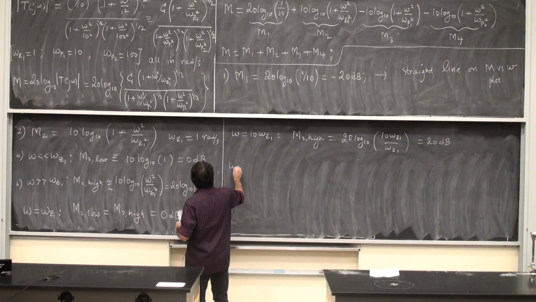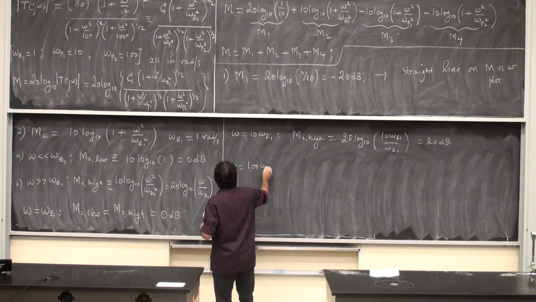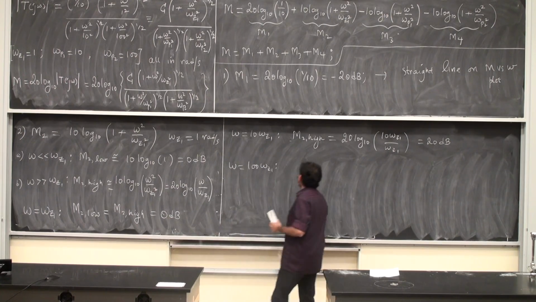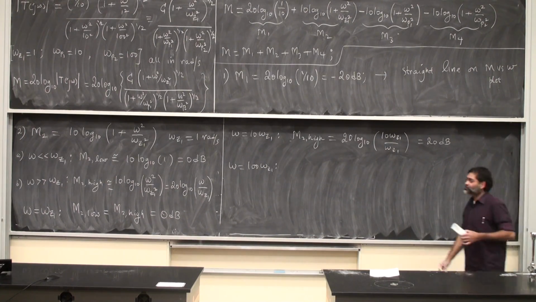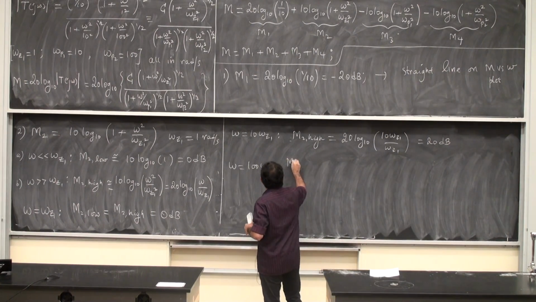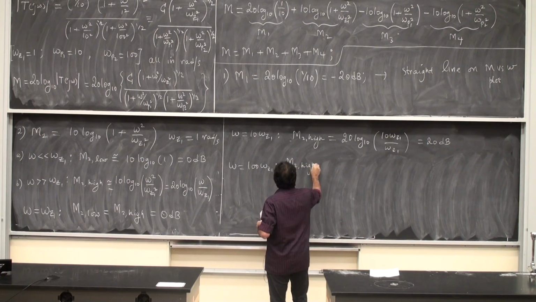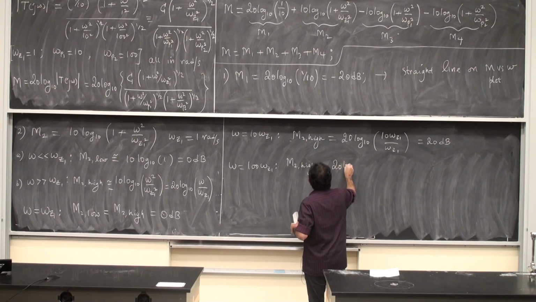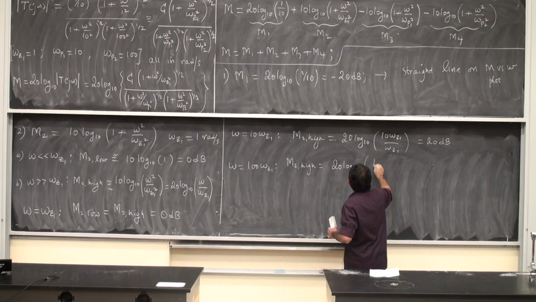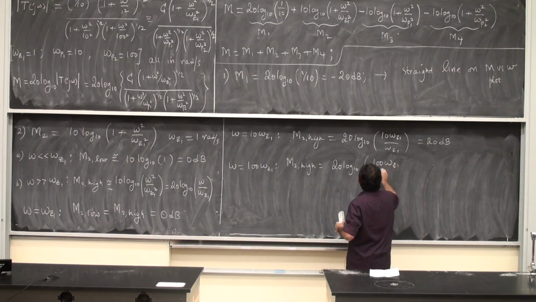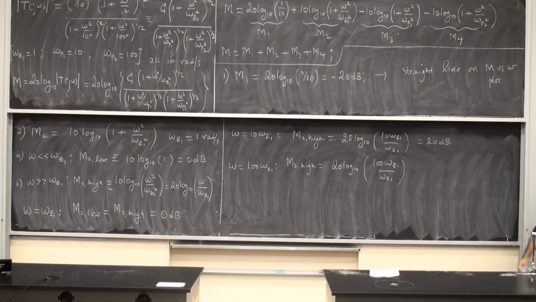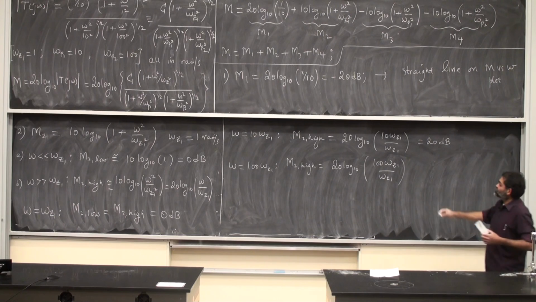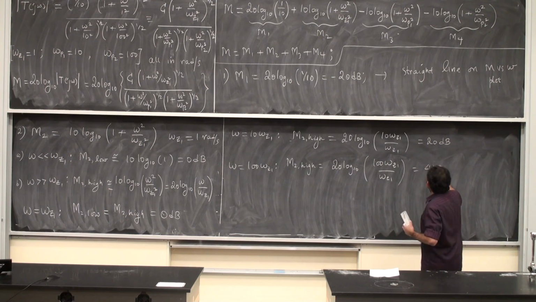Another decade, and you obviously see that M2 high is going to give you 40 decibels. Okay, so M2 high, omega is 100 omega z1, divided by omega z1, so this gives you 2. So 2 times 20 is 40 decibels.